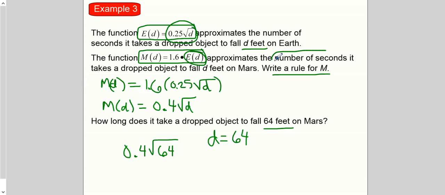So remember, this equation estimates the number of seconds. So m of d, or the number of seconds, equals square root of 64 is 8 times 0.4 is 3.2. And they told us that was number of seconds, so 3.2 seconds.